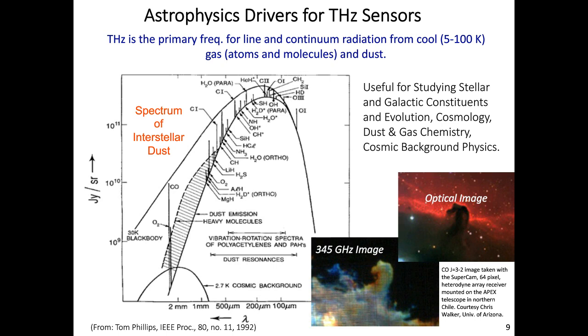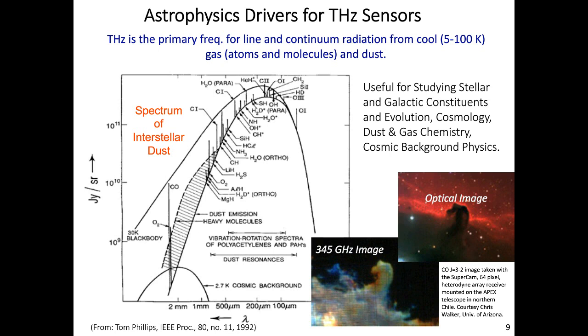And I guess the thing to realize here, and the justification and driver for astrophysics purposes, is that the peak black body curves that you're interested in measuring and a lot of the spectral lines that you're interested in measuring that are useful for determining things like gas and dust chemistry, cosmic background physics, or constituents of galaxies and stellar dust, fall in this regime, which we affectionately call terahertz these days, and peak in the region around 200 microns or so.